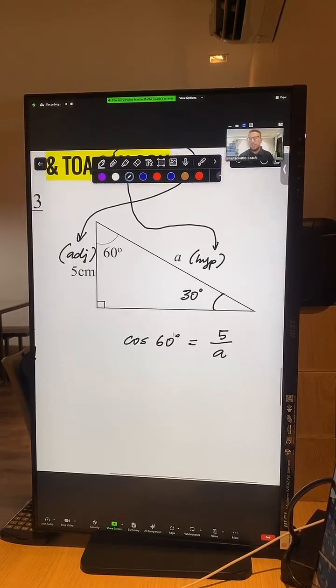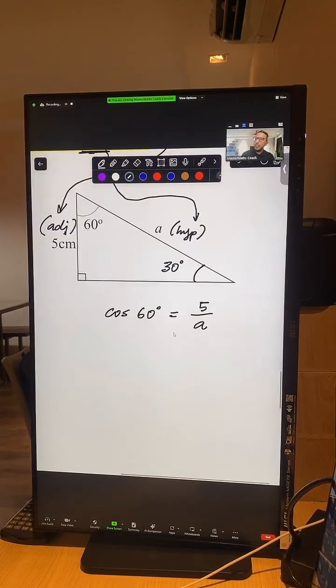We need to solve for A. So how to solve for A? Step number 1, you multiply A on both sides. When you multiply A on both sides, here you multiply A, here also you must multiply A. So it will be A cosine 60 degrees equals 5.